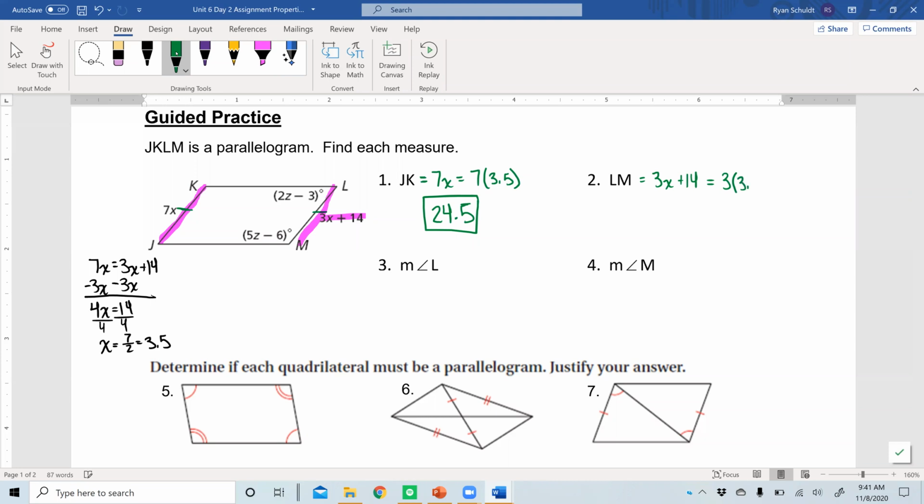It's going to be 3 times 3.5 plus 14, which again, they're congruent, so it should get you the same thing. If it doesn't, we need to go back and check our math. But it does. So we're Gucci.